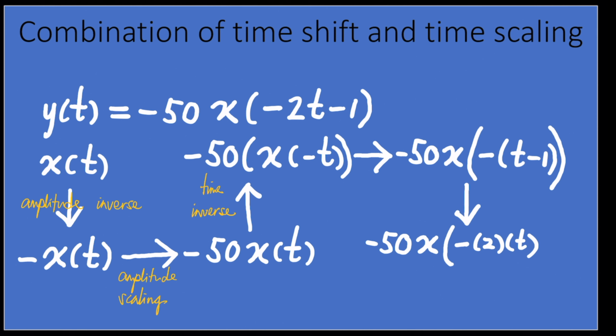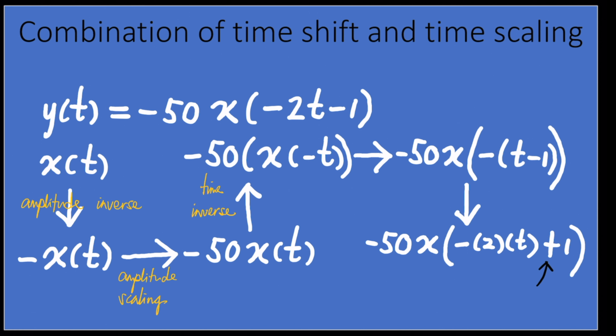Instead of time scaling, we apply time shift operations to get minus 50 x(minus t minus 1), because let's say t naught equals 1. Then after that, apply time scaling to get minus 50 x(minus 2t plus 1).